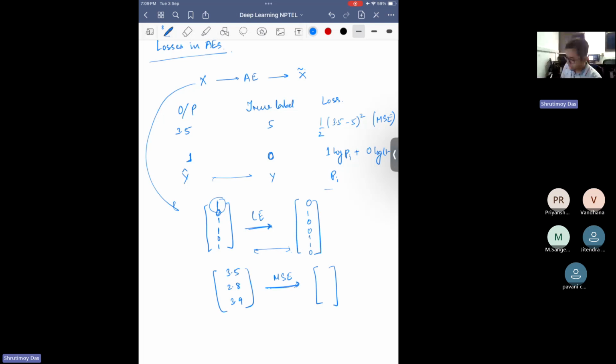Or if it has real values, then you will use this MSE loss. Yes, squared error is MSE. MSE is mean squared error basically, mean because you're taking the average over all the data points.